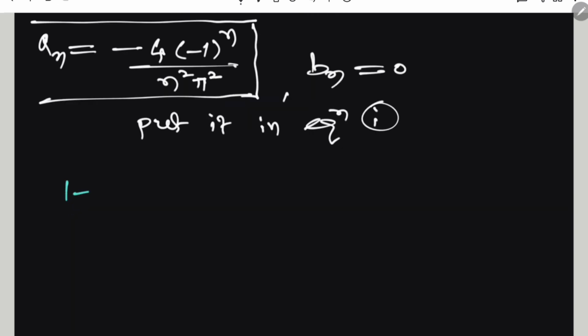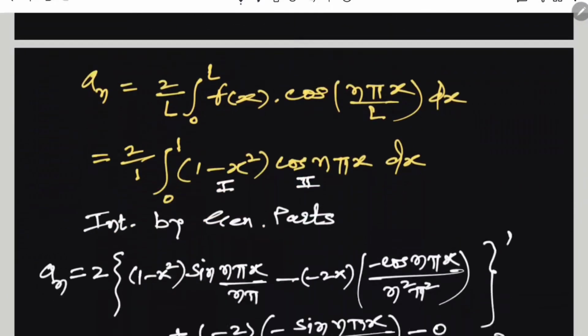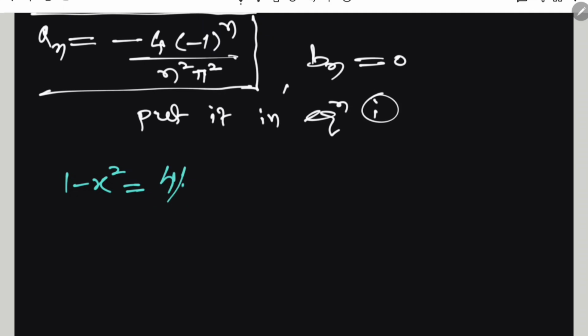f of x is 1 minus x square. The value of a0 is 4 by 3 divided by 2 plus summation from n equals 1 to infinity.